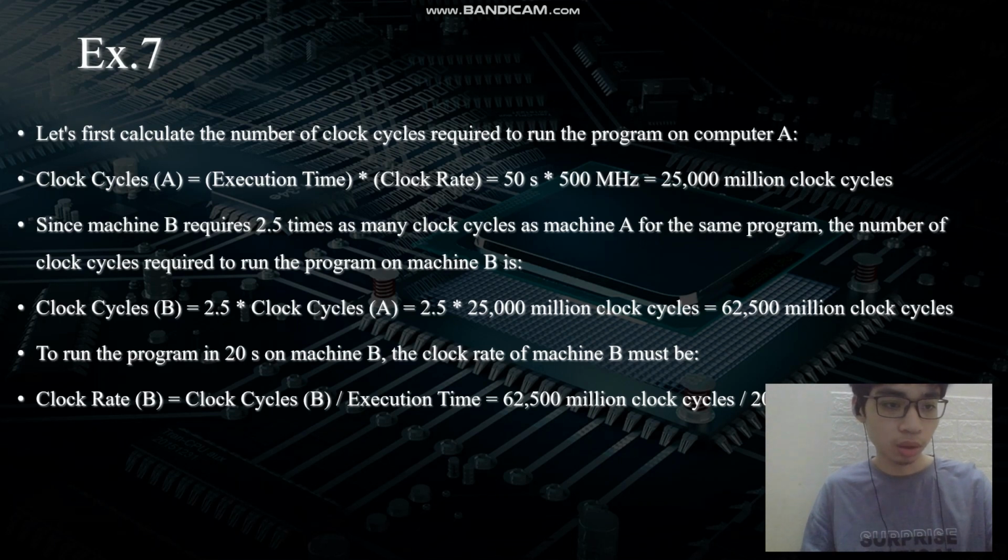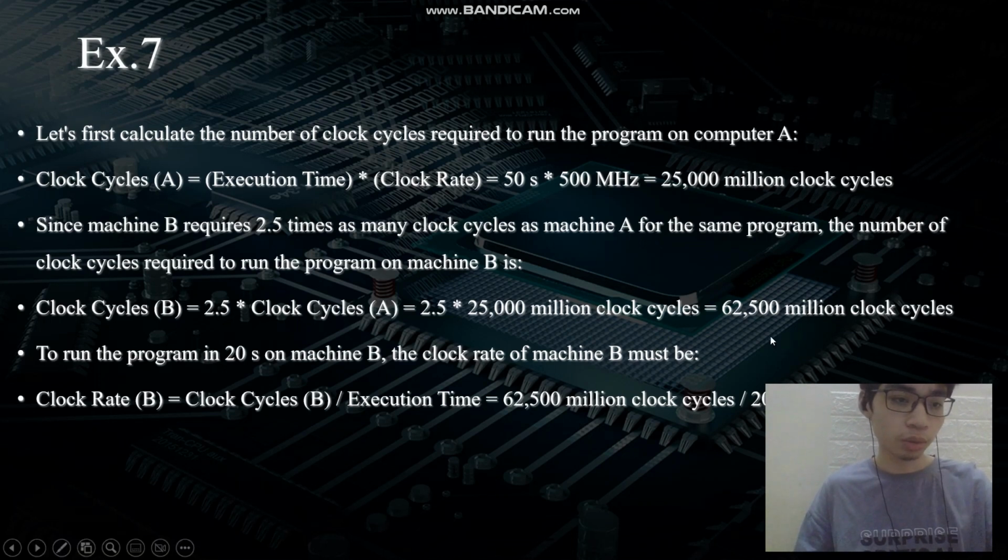Finally, I use the formula clock rate equals CPU clock cycles divided by CPU time to calculate the clock rate of machine B. Plugging in the values, we get a clock rate of machine B equal to 3125 times 10 to the power of 6 cycles per second, which equals 3125 megahertz.